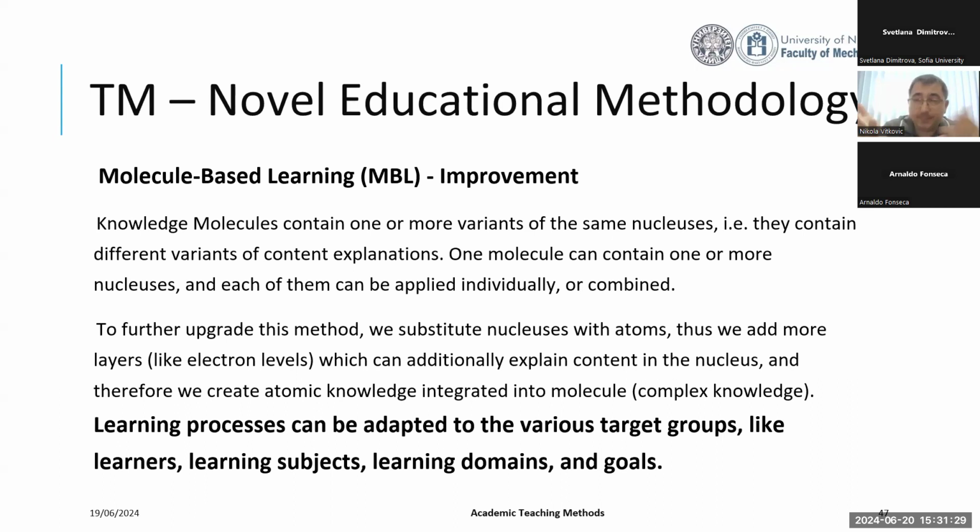So we are doing some improvements to adapt material. We are creating the material in such a way that it can be described differently and adapted to everybody, but we give additional explanation, using first principles and nucleuses to provide complex knowledge and also to enable students to adapt that knowledge for themselves.